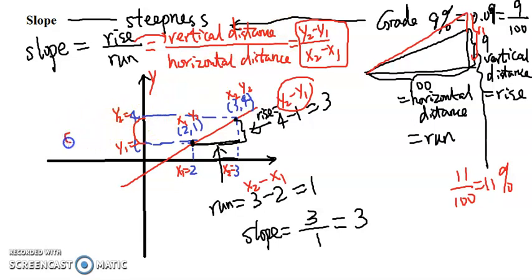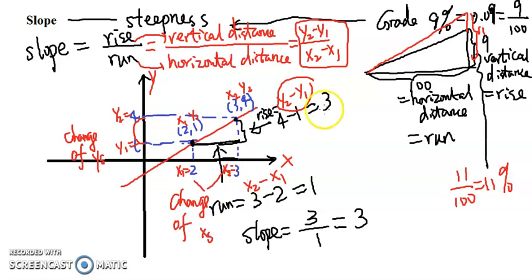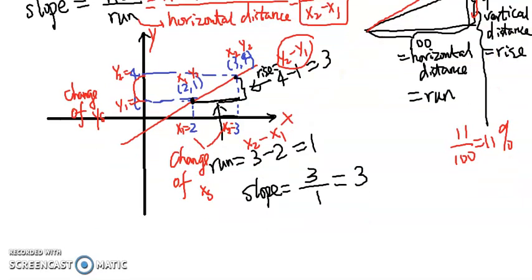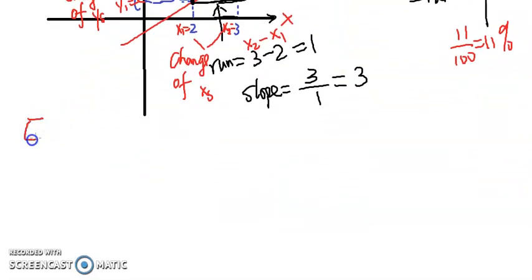Change means difference, so we do y2 minus y1. And the run is the horizontal distance, the change along the horizontal line, which is called the x-axis. So when we do the change of x values, we do x2 minus x1. So it's change of y over change of x. That's the formula. Now we can look at an example.